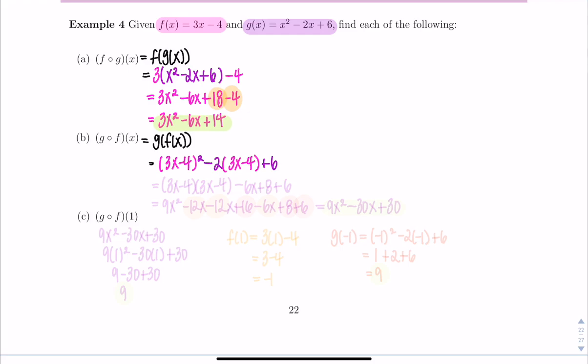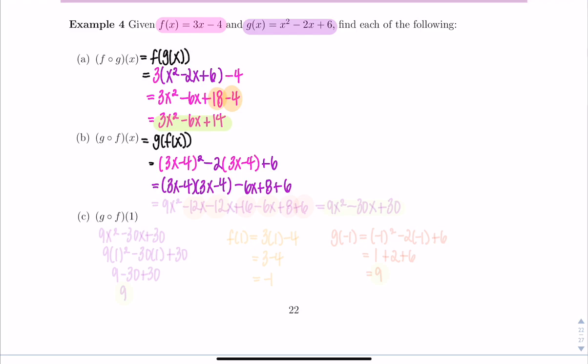So let's go ahead and write this out twice so we can multiply and simplify. I've got 3x minus 4 times 3x minus 4, minus 6x plus 8, plus 6.